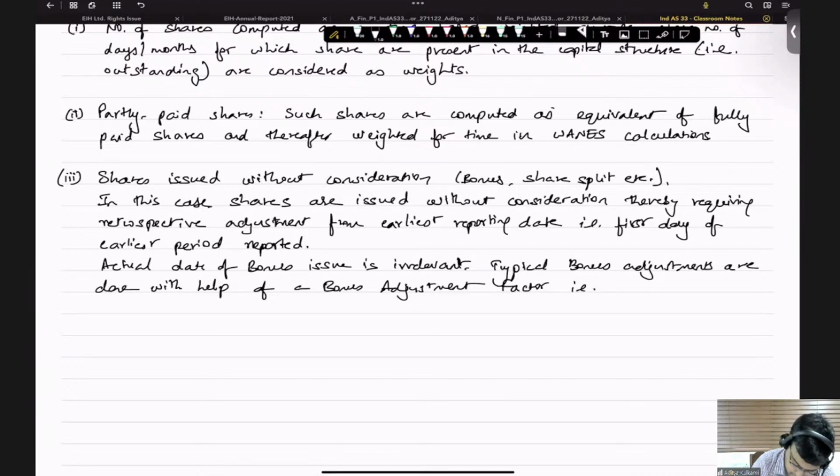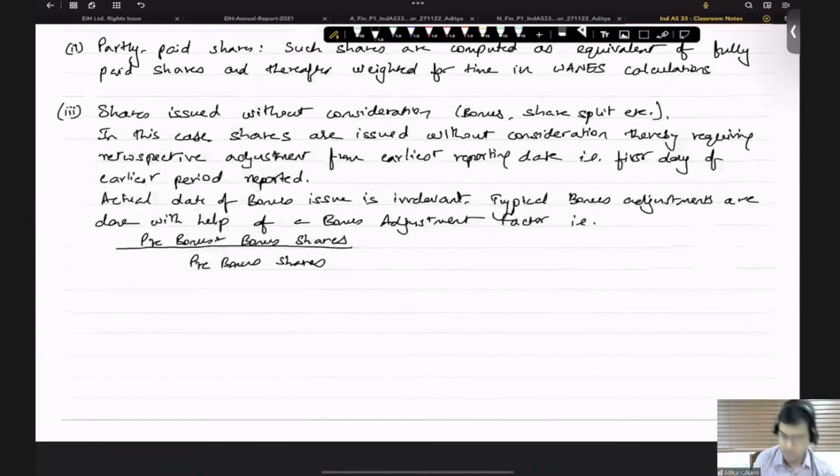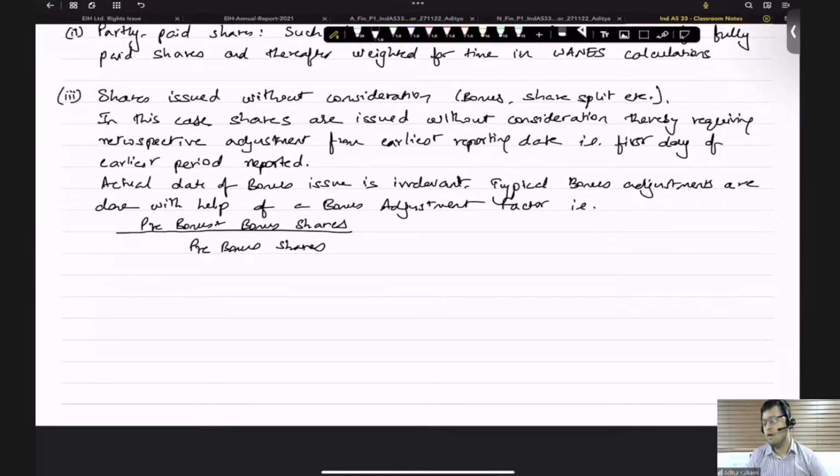That is, pre-bonus plus bonus shares divided by pre-bonus shares. Okay. For restatement, please consider the same number of shares you have taken in the current year to be in the previous year. Okay. Same number.